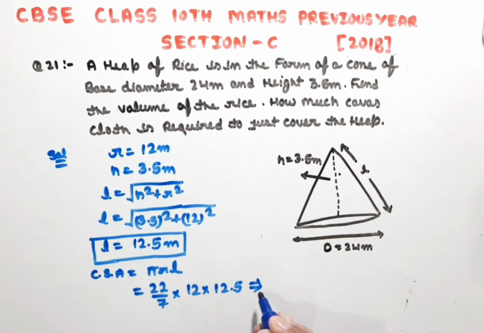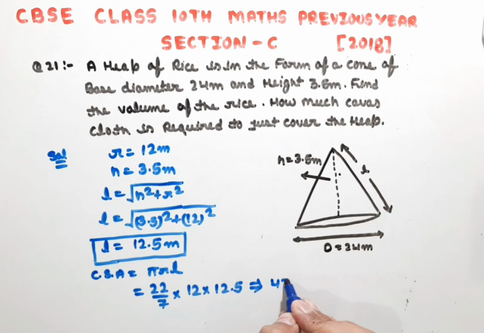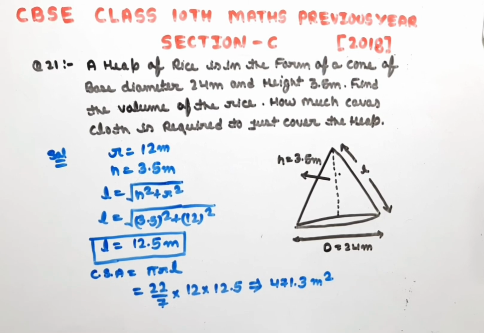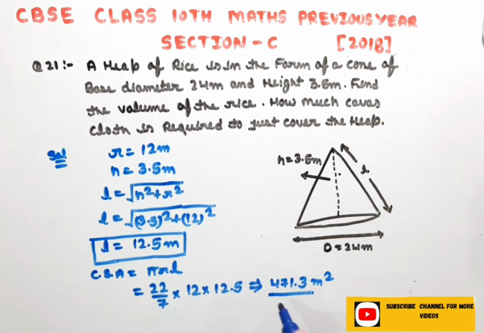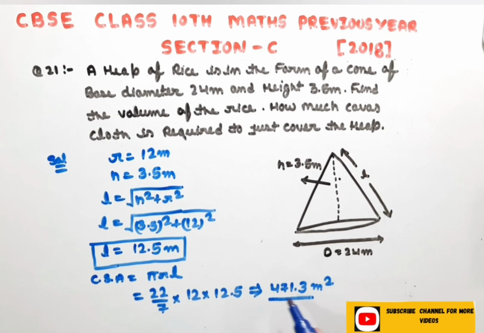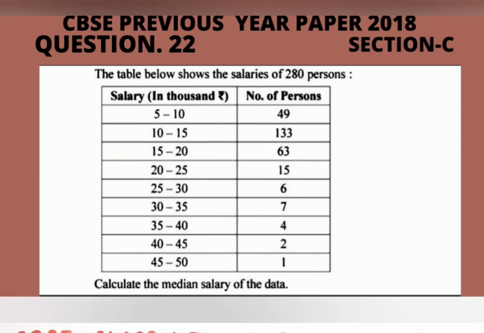On solving this, we will get 471.3 meter square. So, this is the canvas cloth required to just cover the rice heap. These are our answers.